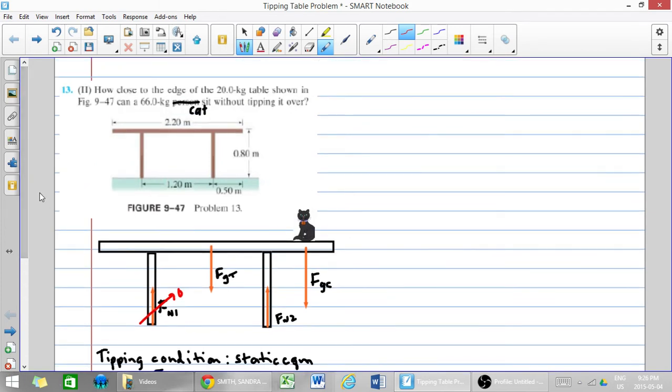All right. So as we've seen, your conditions for static equilibrium: the forces have to add up to 0 and the torques have to add up to 0. Forces first. Your x component of forces add up to 0.